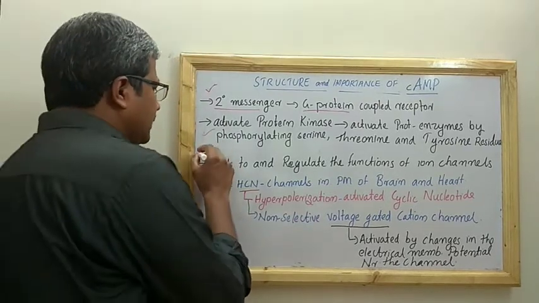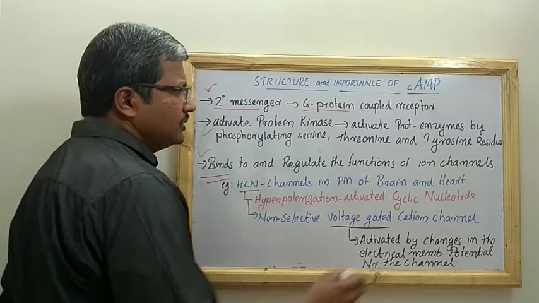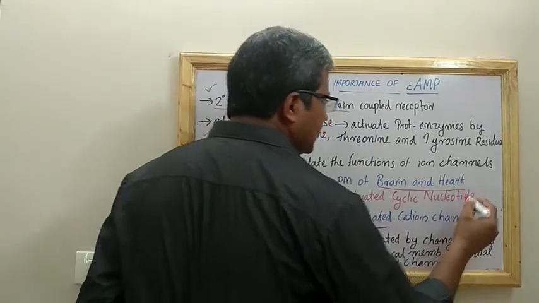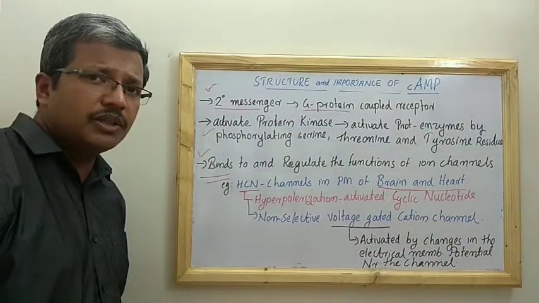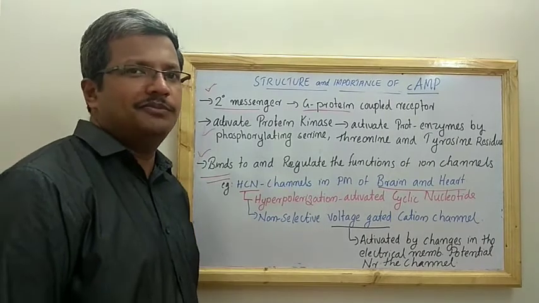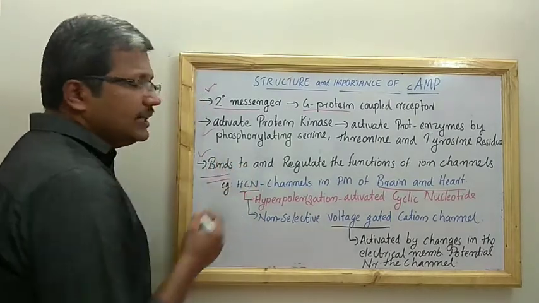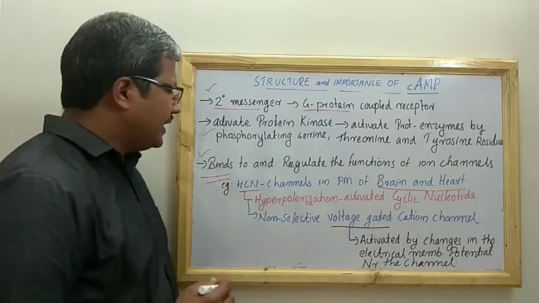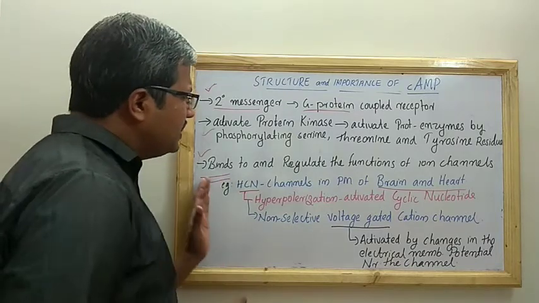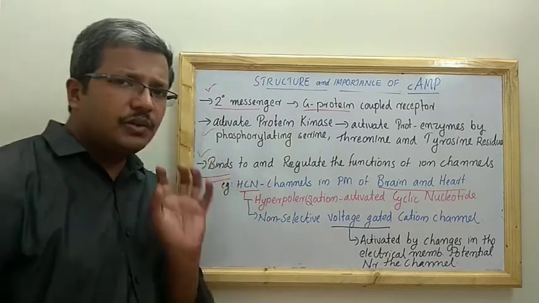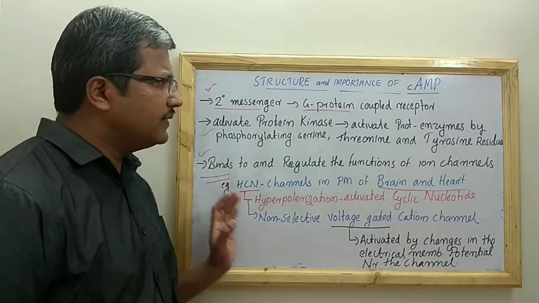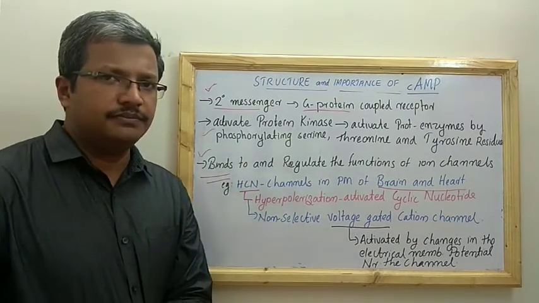Now in the third case, this is more important because it is dealing with the working of brain and heart. We know that without brain and heart you cannot live. Okay, so that is the third importance of cyclic AMP. We can see that it will be binding to and regulating the function of specialized ion channels.